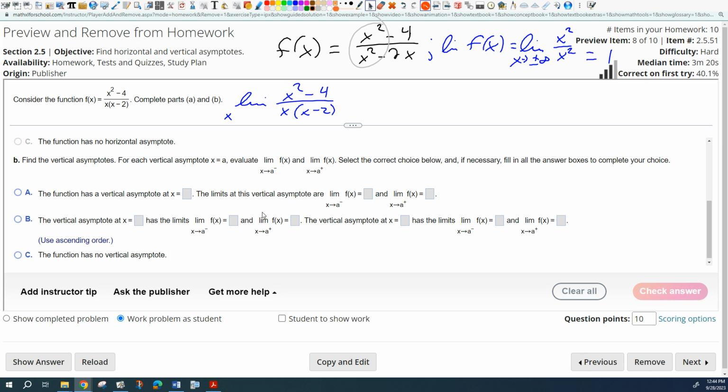So here's where we've got to do this stuff, right? If I factor the top and the bottom, the limit of this function is equal to the limit of x minus 2 over x plus 2 times x over x minus 2.